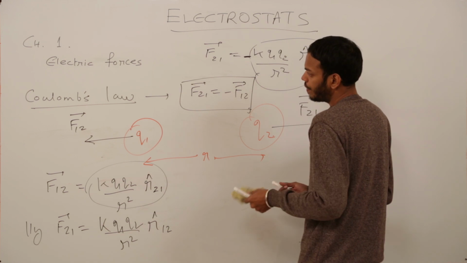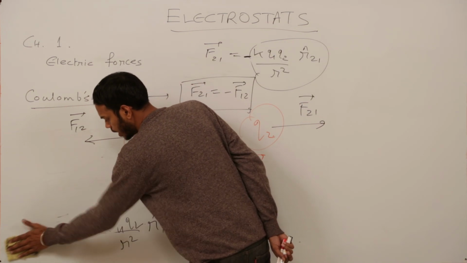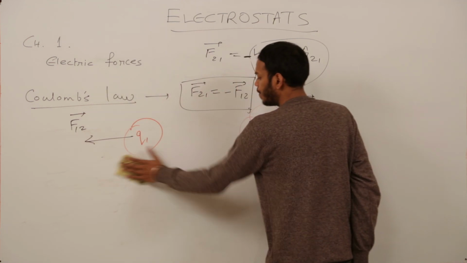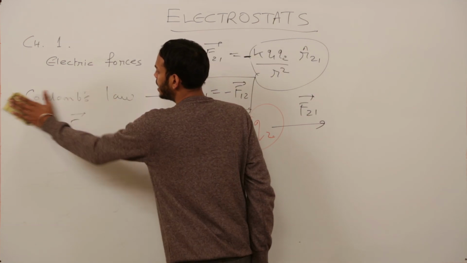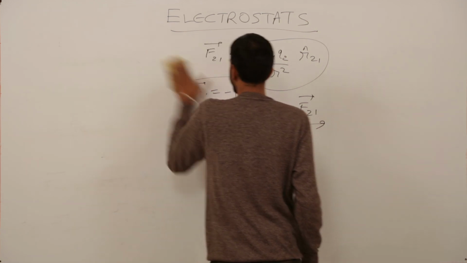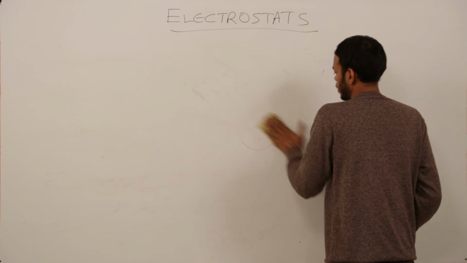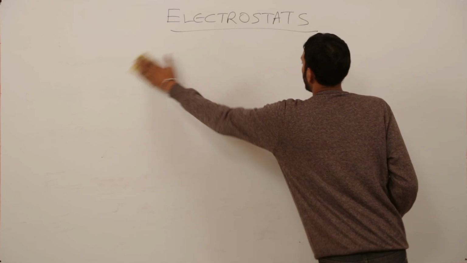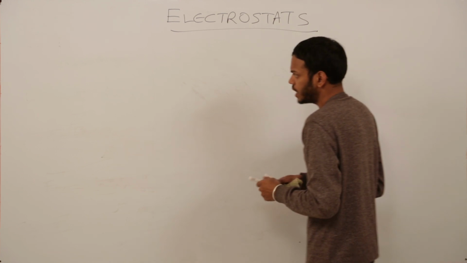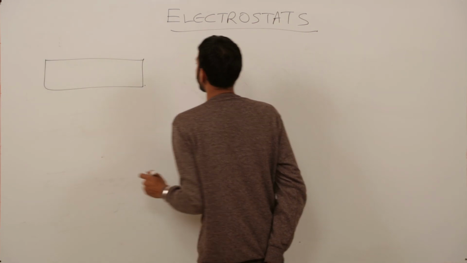Now, since we have done Coulomb's law, let's come back to the original formula, and we need to formulate it for the presence of a medium between the charges. There is a simple change in the formula. And what was the need?